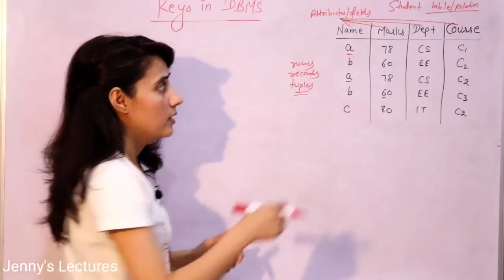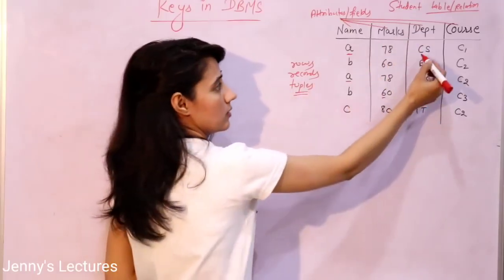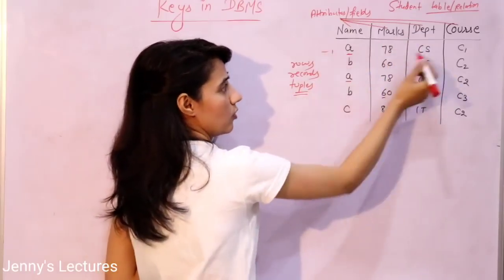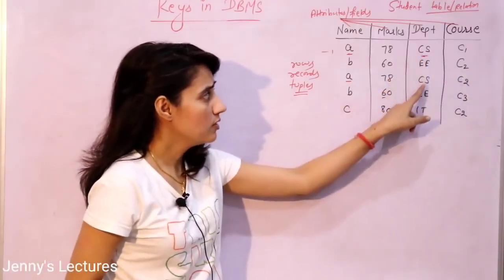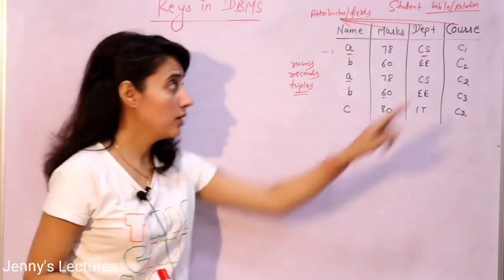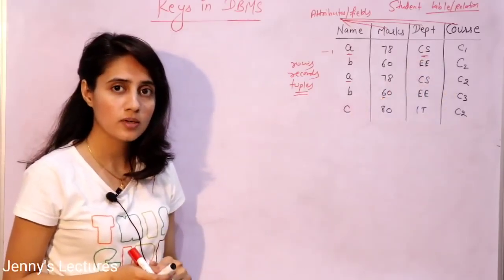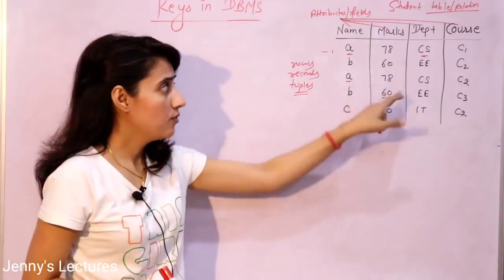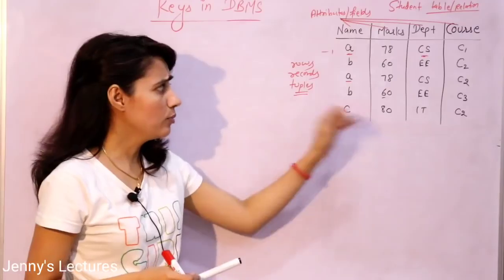If I say I want to access the record having department CS, this is also CS, and this record also has CS, the department value is CS and CS. Now this is also very confusing, right? So we cannot uniquely identify using department as well. That would be a problematic situation.